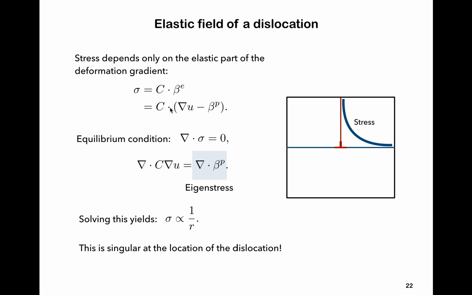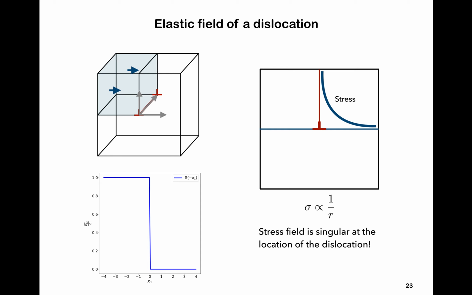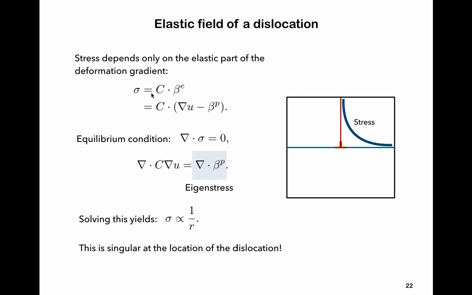This is what we would have studied in a course on linear elasticity, and I reviewed this briefly in the beginning of this course. So the total stress is the product of C and beta E. Notice that C is a fourth order tensor of elastic constants and beta E is a second order tensor. But what is beta E? By our definition, it's the gradient of u minus the plastic strain.